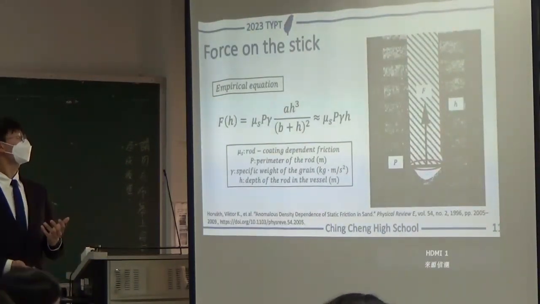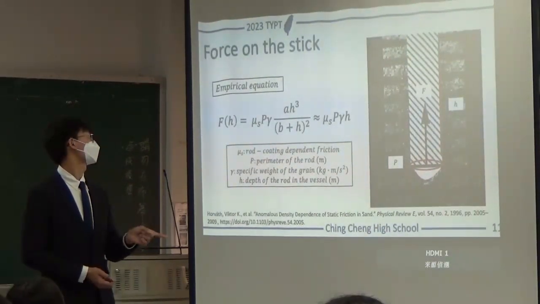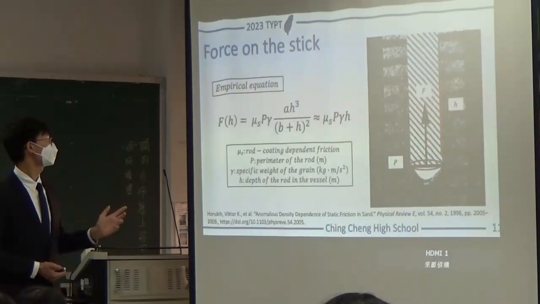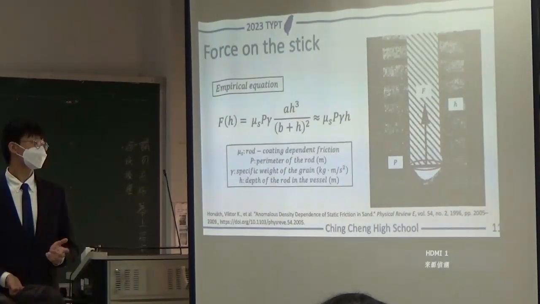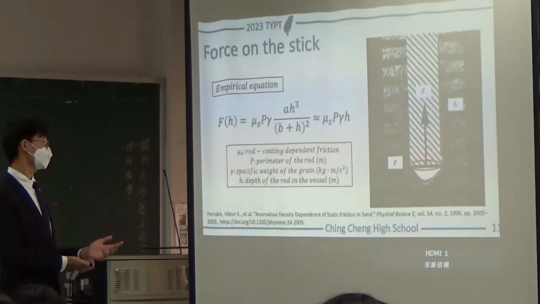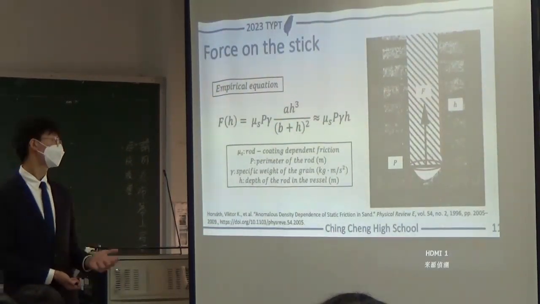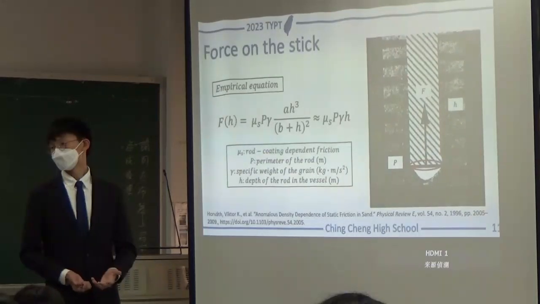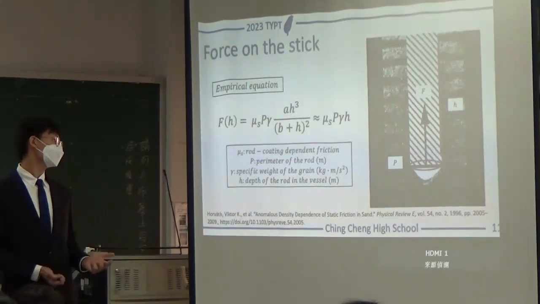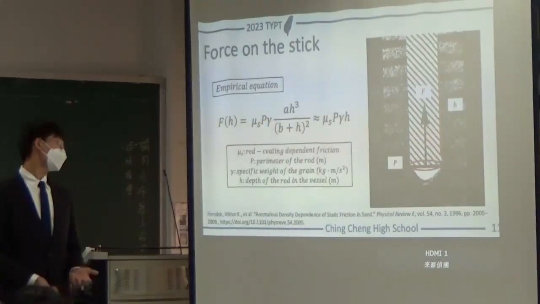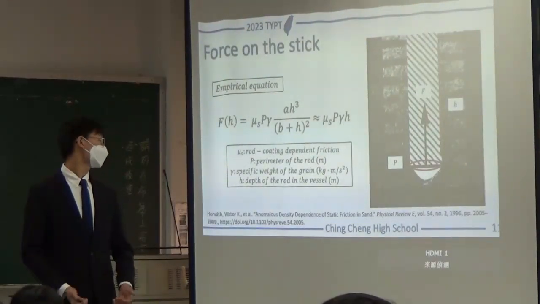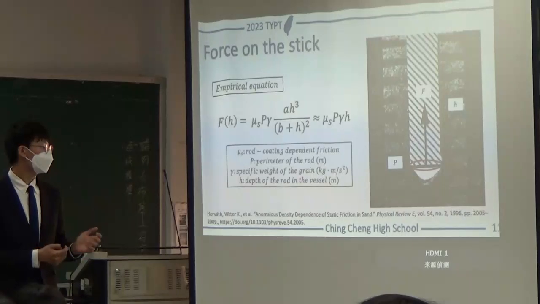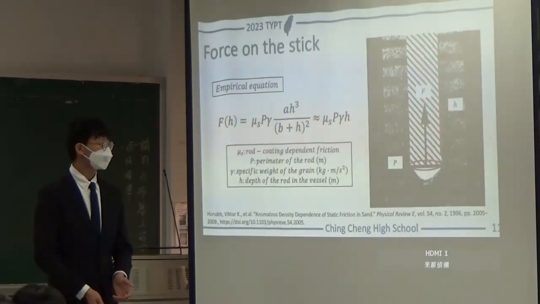And let's talk about the force on the stick. We can use this empirical equation to describe this phenomenon. The μs means the rod coating dependent friction, and the P means the parameter of the rod, and the gamma means the specific weight of the grain, and the H means the depth of the rod in this vessel.